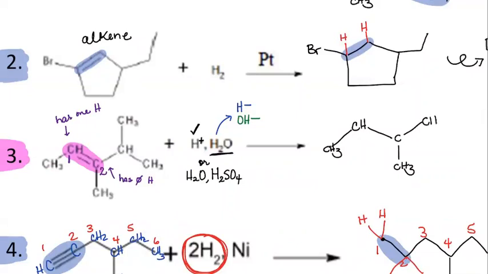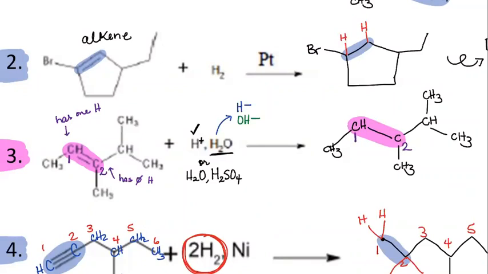This is a CH. This is a CH3. This is a CH3. This is where the carbon-carbon double bond used to be. This is carbon 1, and this is carbon 2.